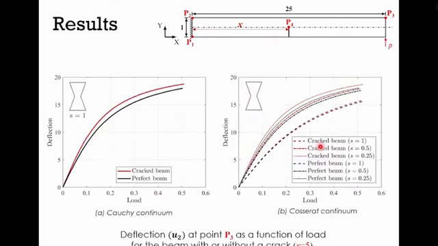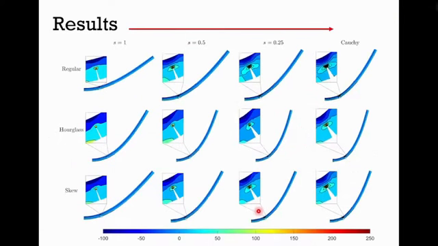Here we show the crack effect on the deflection at the point 3. We adopt a cracked beam and a perfect beam without crack. We can see that the deflection from the cracked beam is greater than the deflection from the perfect beam for both continua. With the introduction of the crack, stress concentration can be observed at the tip of the crack.